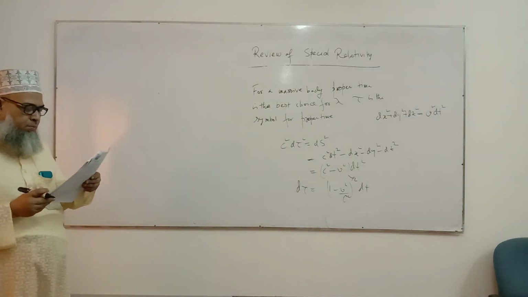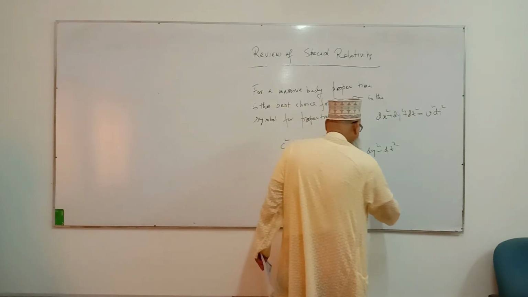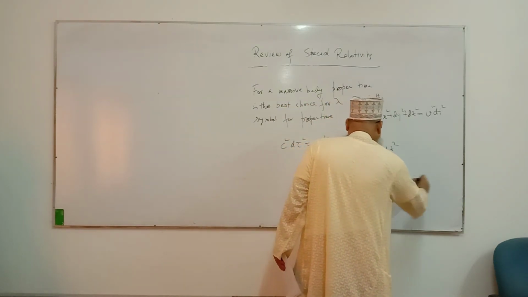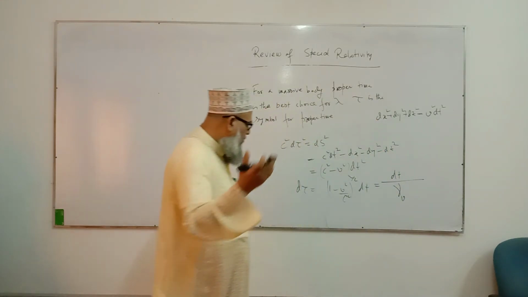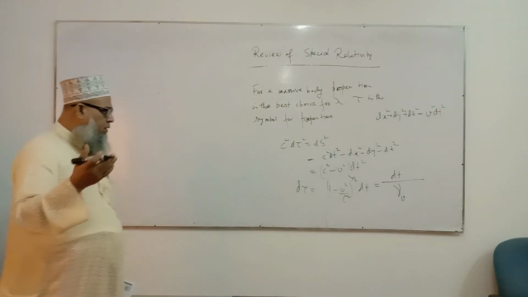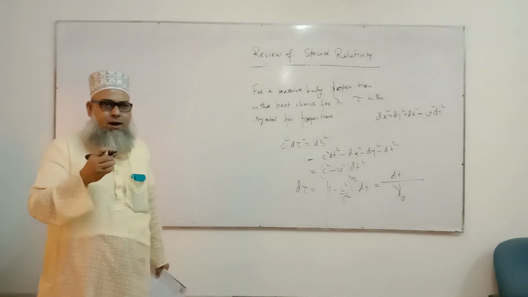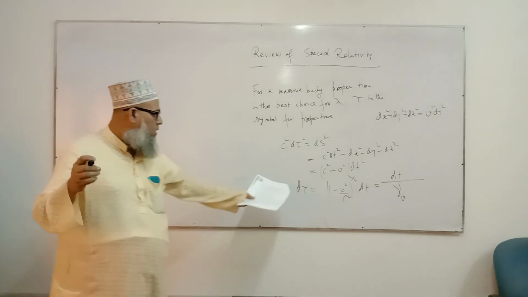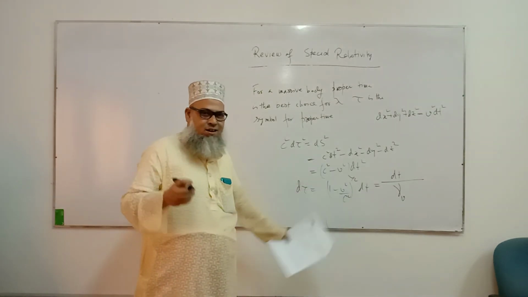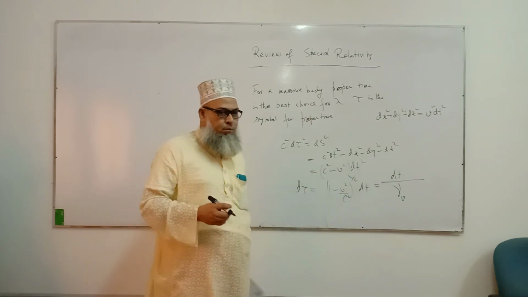You see? This factor is 1 by gamma, so dτ is dt divided by gamma. We sometimes write gamma with a subscript v, which means gamma is computed with the velocity v.